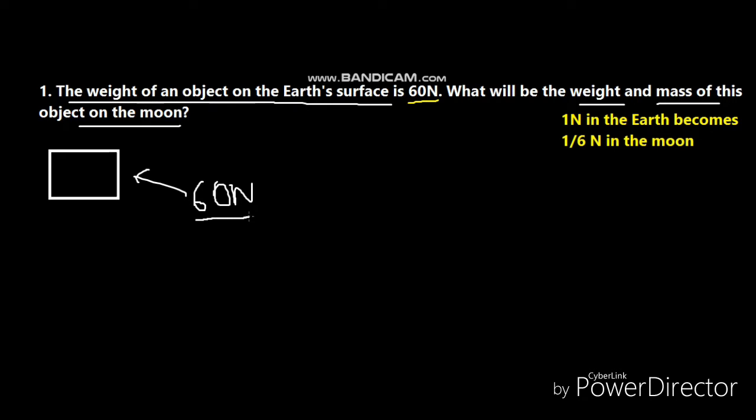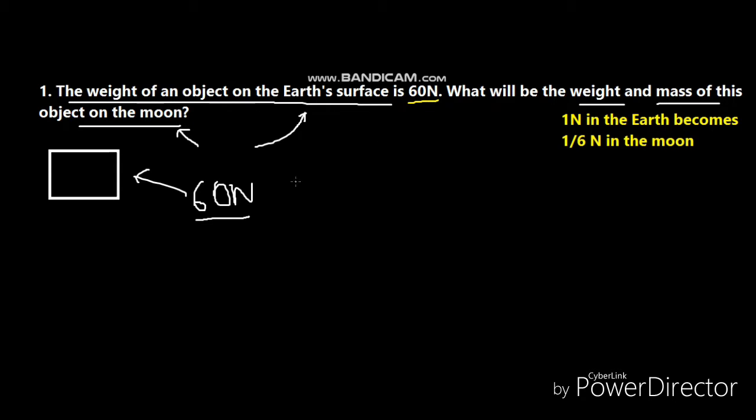As we know that the mass is constant for each object, that means the mass will not change with place and time. That means the mass of this object on the earth's surface is the same as the mass of this object on the moon. So if we can find out the mass of this object on the earth's surface, we can easily find out the mass of this object on the moon.